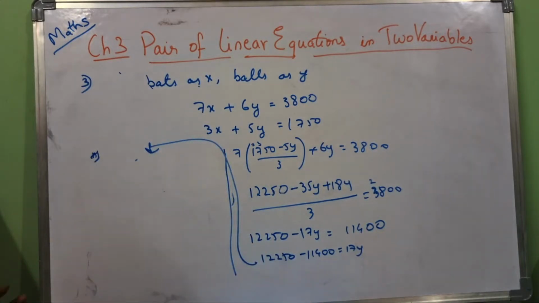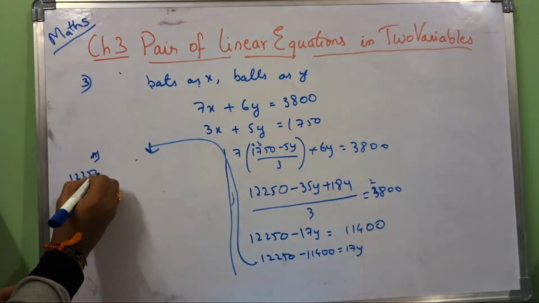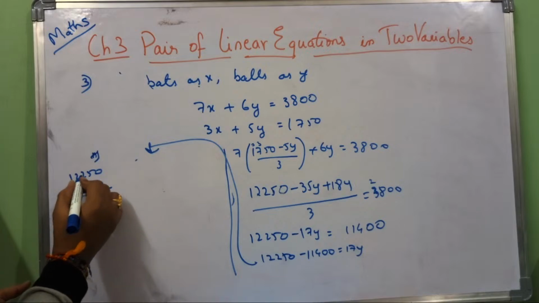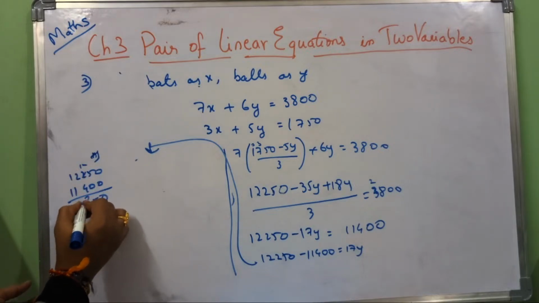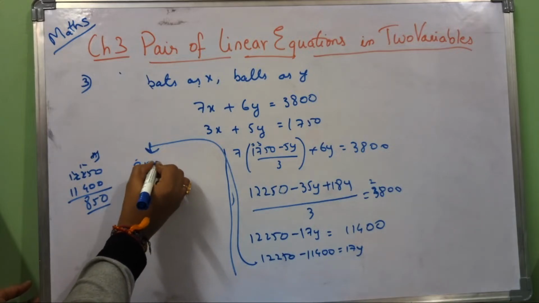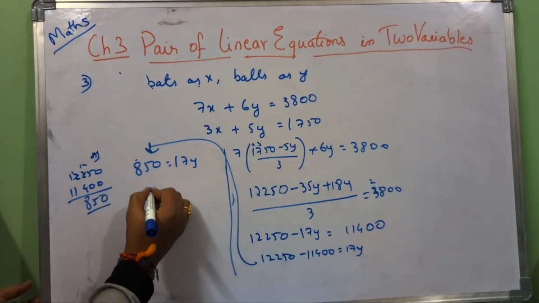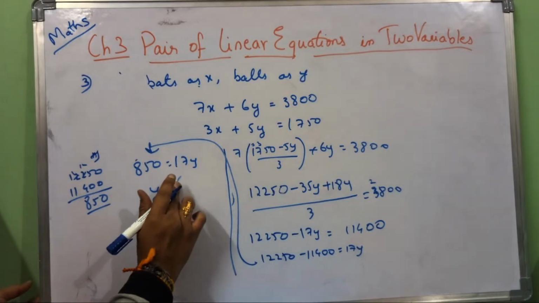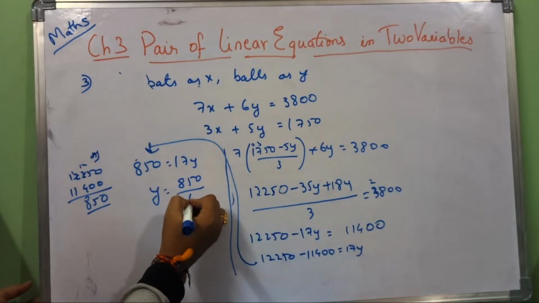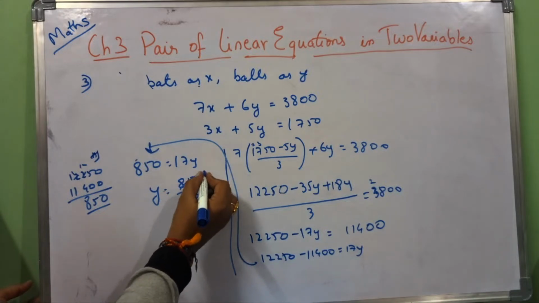Subtracting these two, we get 850 equal to 17y. So y equals 850 by 17. 17 5s are 85, so y becomes 50.